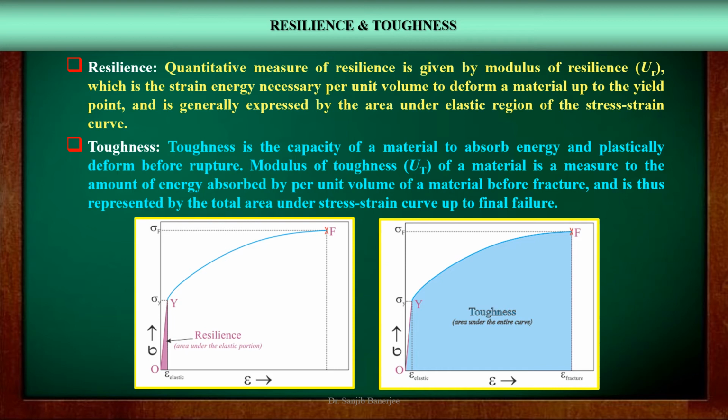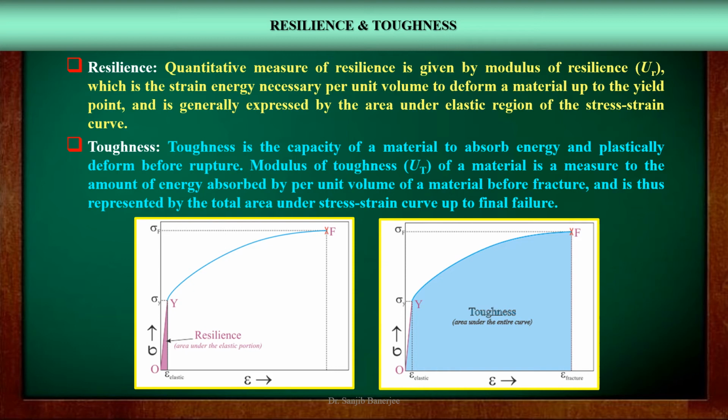Since we have come across the elastic and plastic strain, it is now time to introduce two more related and significant parameters called the resilience and the toughness. Firstly, the resilience. Quantitative measure of resilience is given by the modulus of resilience, which is denoted by UR.